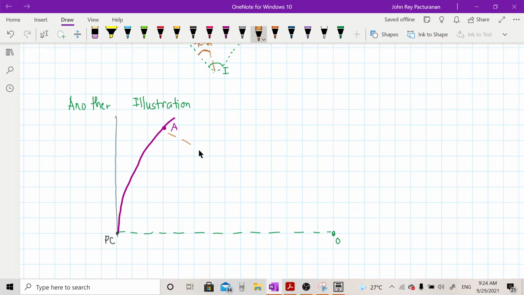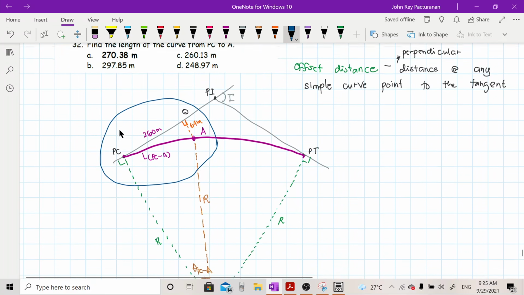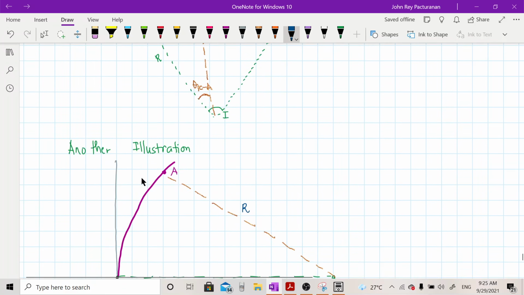Pag kinonect natin to, of course, since simple curve pa rin naman to, and property sa geometry, this will still be the radius of the curve. Okay, kasi yun yung unang tanong in number 31, what is the radius of the curve? And of course, yung perpendicular distance na pinag-usapan natin, this is 64 meters, tama ba ako?